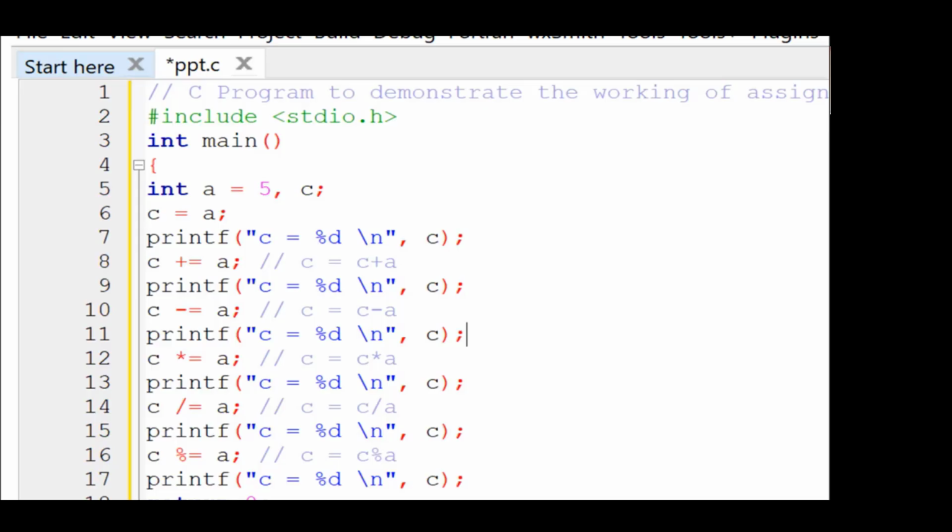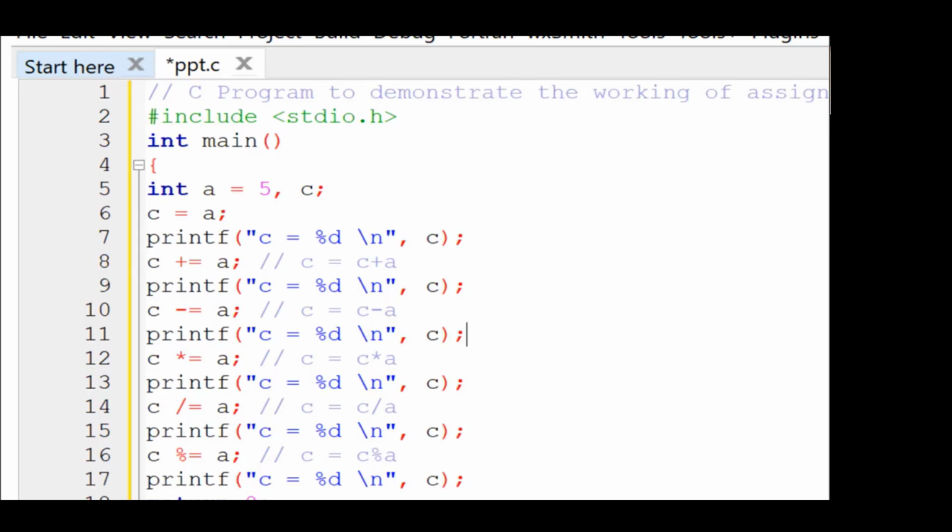Before I answer the remaining questions, let me answer Obed's question. Obed, when we say we are finding the modulus of something, what does that mean? Sir, we are finding the remainder. Remainder, isn't it? Since we are finding the modulus c modulus a, the only way you can find the remainder of something is to divide them and see what the remainder is, right?